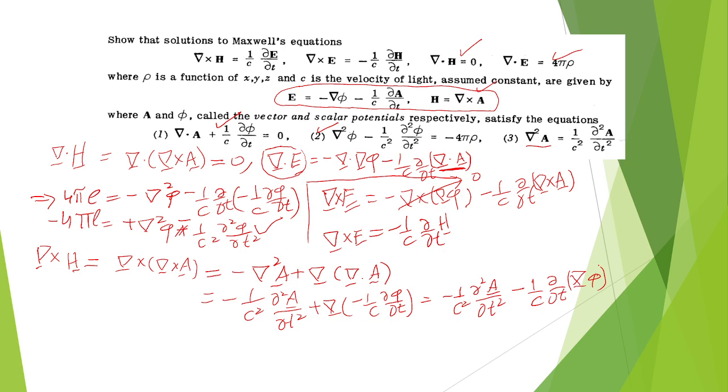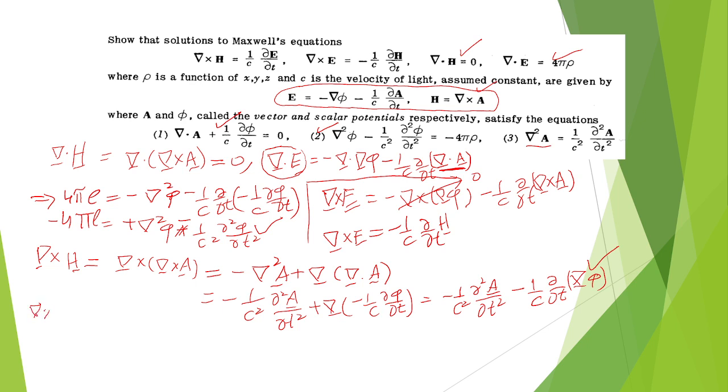Now we will put the value of grad phi from the equation of E. So grad phi is in fact minus E minus 1 over c partial A by partial t. So I'm starting from here again.